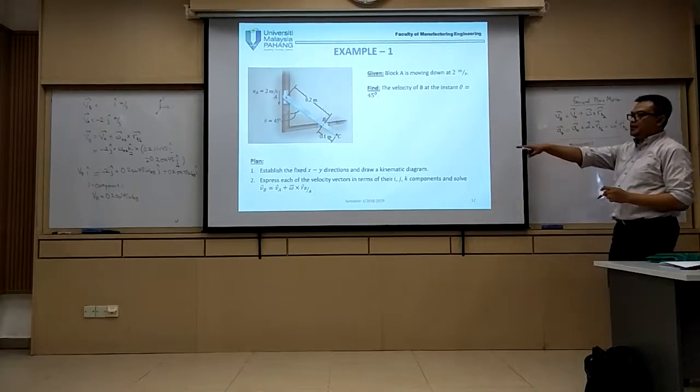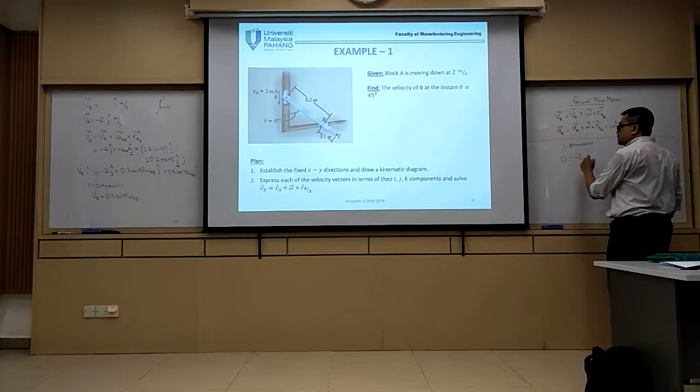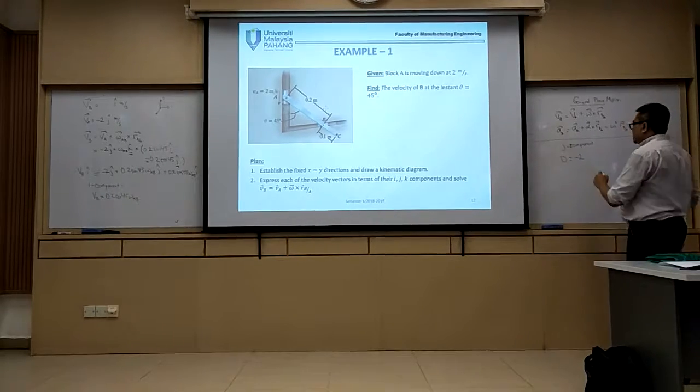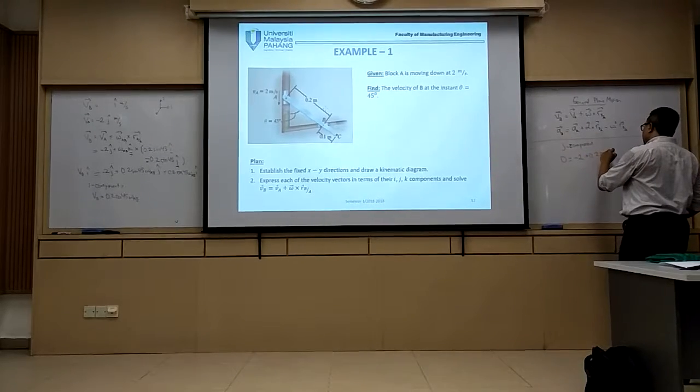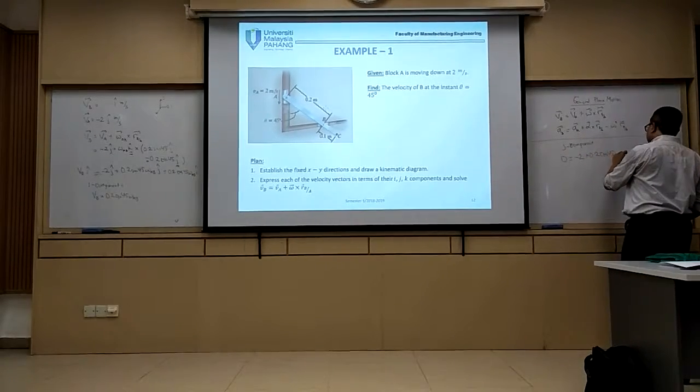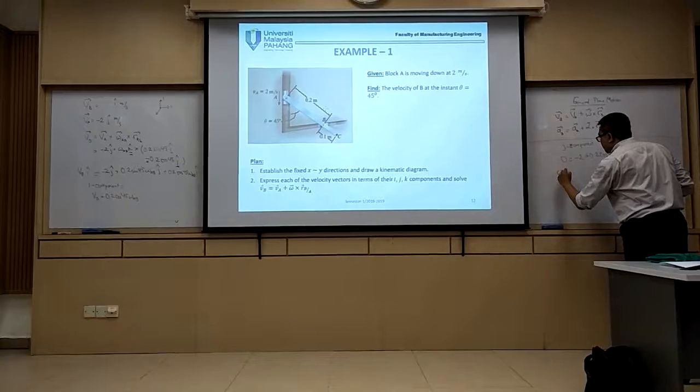What is the J component on the right side? Negative 2 plus 0.2 cosine 45 omega AB. So we can find omega AB from here, right? So what is omega AB?